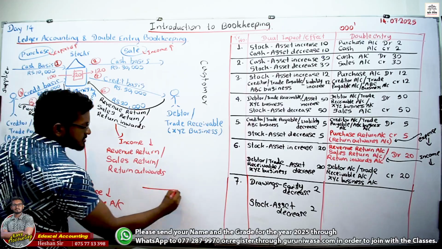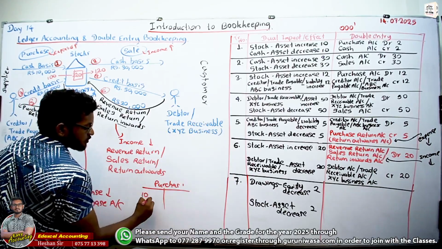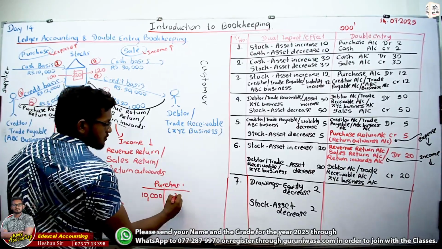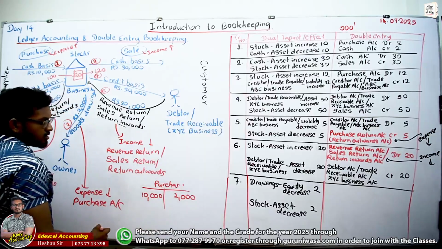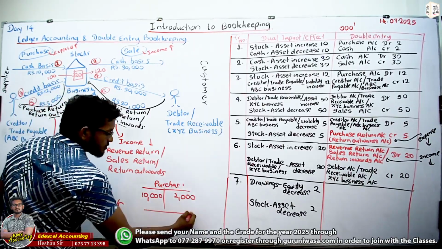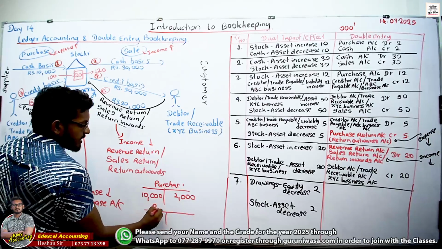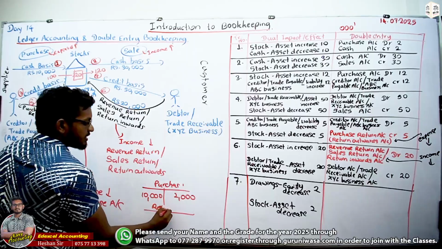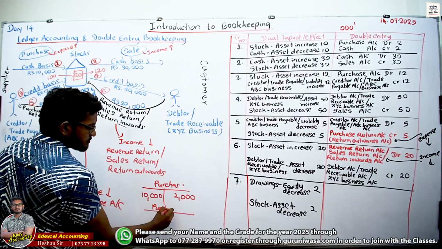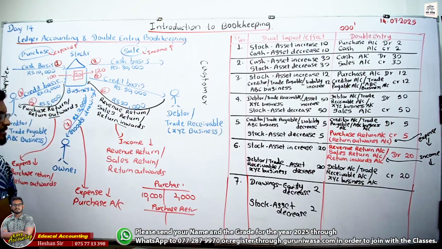Now, think we purchased 10,000 worth of goods. Out of that, owner withdrew 2,000. But out of this 10,000, think we return to the supplier 5,000. We can't credit it to the purchase account. We open a new account called purchase return, right? We credit to there.